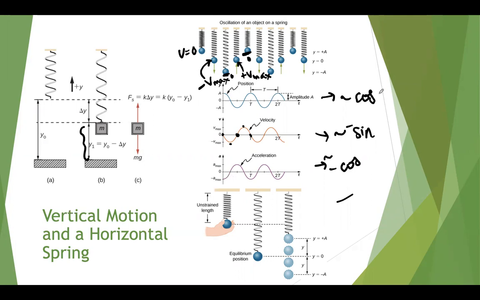So at this starting point, we have a negative a max, or negative maximum acceleration. Then as we move on to here, there will be no acceleration. And then at the bottom, we'll have the highest acceleration, a max, and so forth.